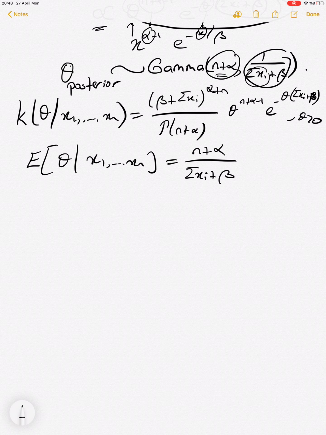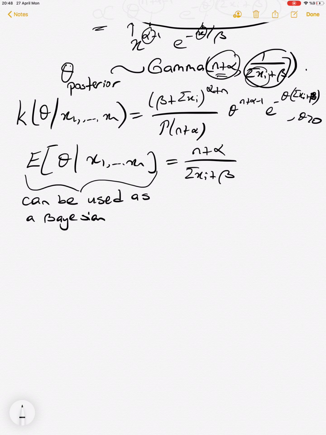So this can be used as a point estimate of the unknown parameter theta, but we will discuss that concept later in these notes. Bayesian point estimate of theta.